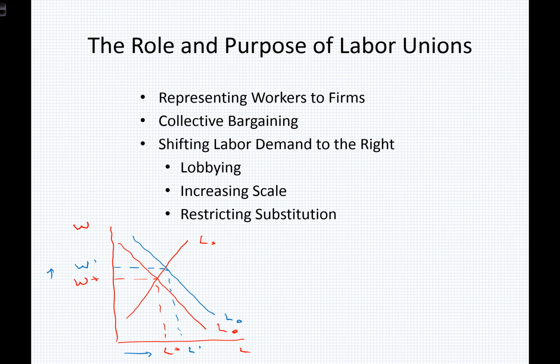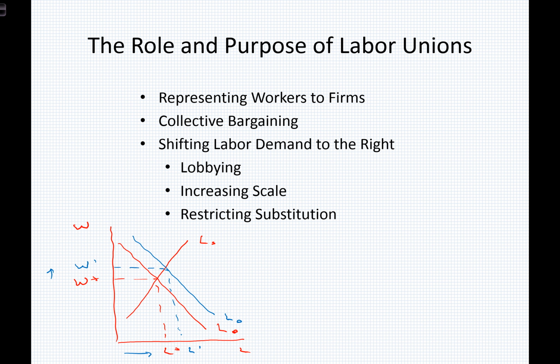So perhaps a government contract will be let, maybe it's for defense manufacturing, and a labor union lobbyist will try to see to it that that contract must, by legislative edict, include only firms that are unionized or that have union workers working with those firms. That would be an example of the scale effect.